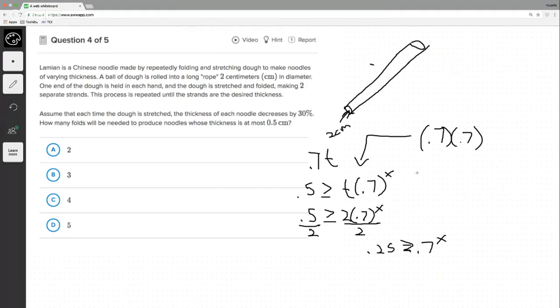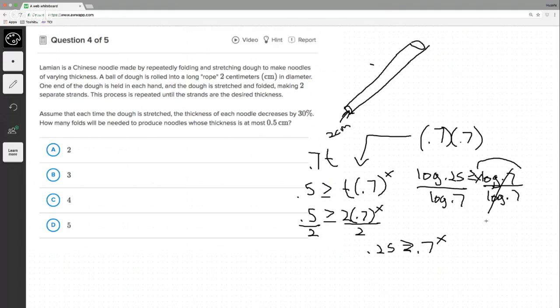Now I'm going to take the log of 0.25 is greater than or equal to the log of 0.7, and then we can bring the x down. That's just a logarithmic rule. If you don't remember, that's why we can use logs like this. It allows us to bring that exponent down. Then we divide both sides by log of 0.7, and that'll give us our answer.